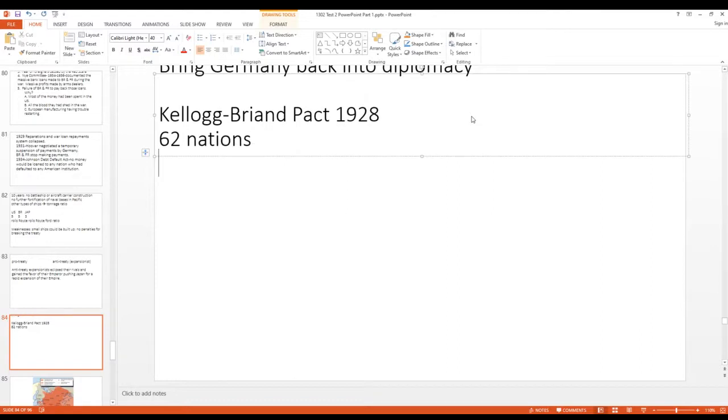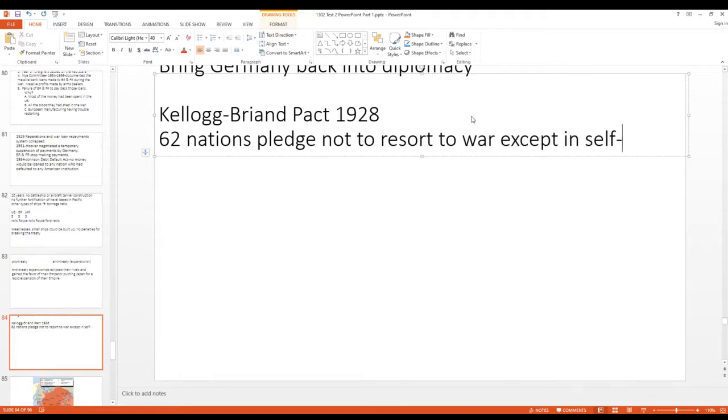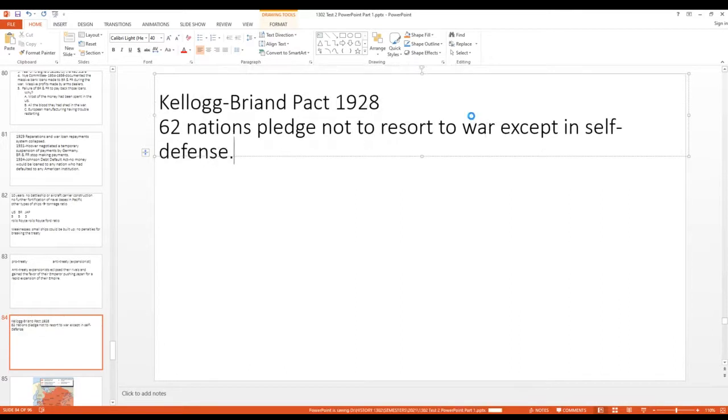Under Kellogg-Briand, the nations who signed the treaty agreed they would not resort to war except in self-defense.